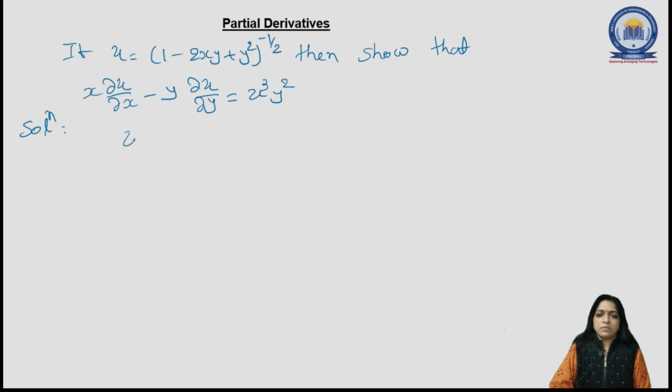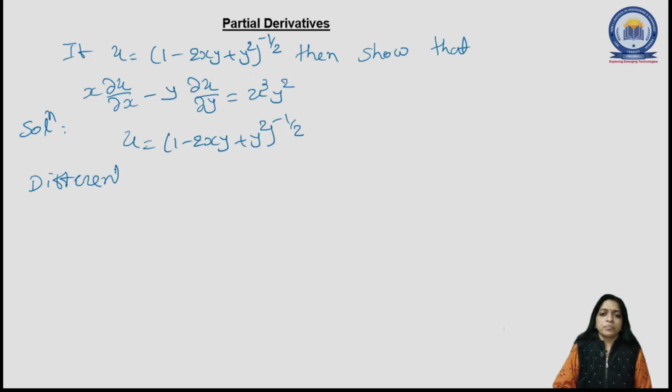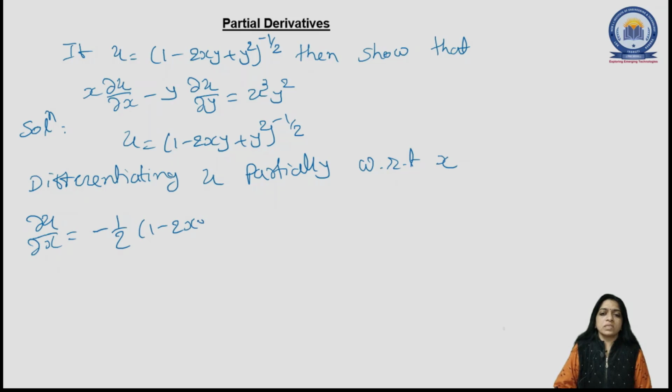Here our given function u is (1 minus 2xy plus y square) raised to minus 1/2. So the differentiation of u partially with respect to x, that is del u by del x, is equal to minus 1/2 (1 minus 2xy plus y square) raised to minus 3/2, and after applying the chain rule I have minus 2y.